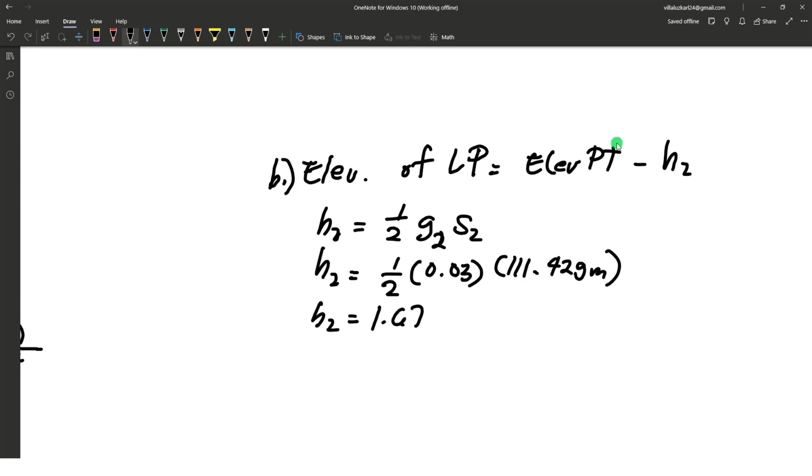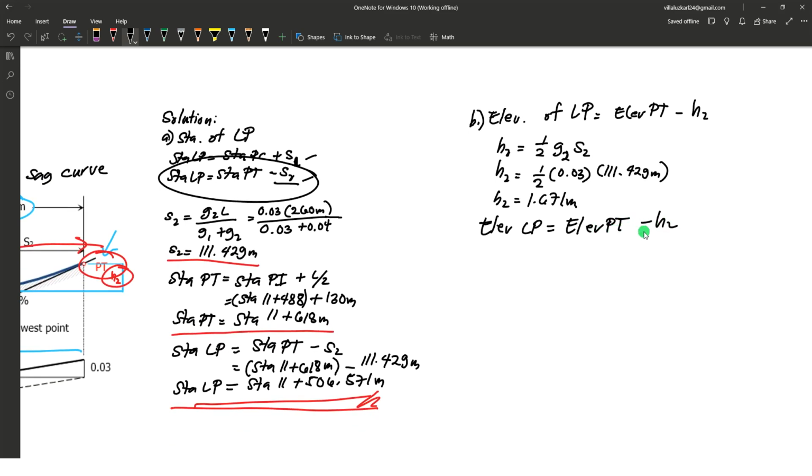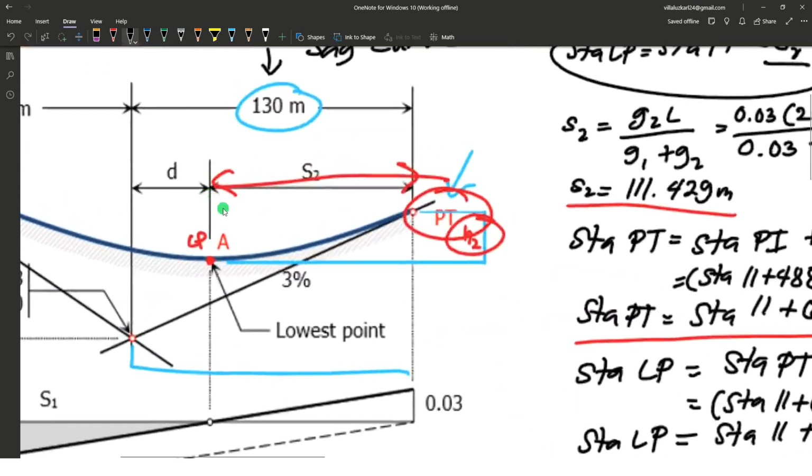So H2 is 1.671 meters. The elevation of the lowest point is equal to the elevation of PT, which we don't know yet, minus H2.